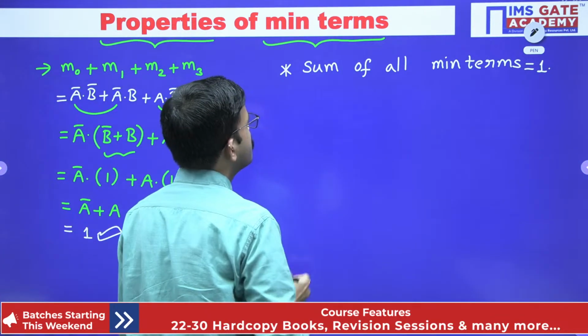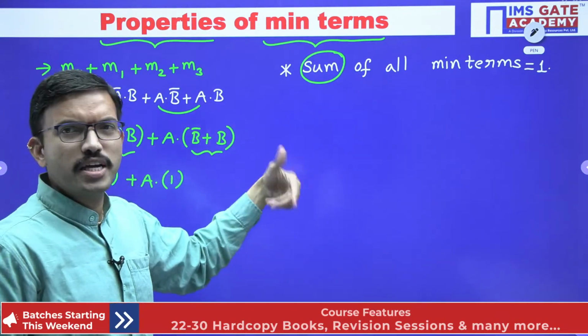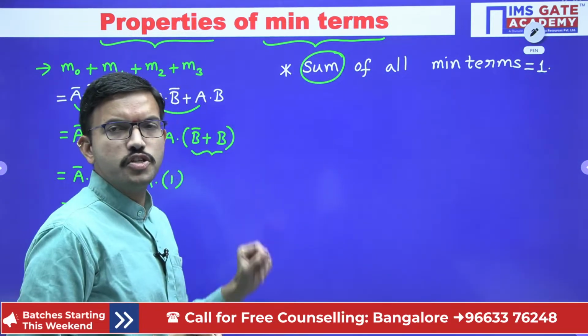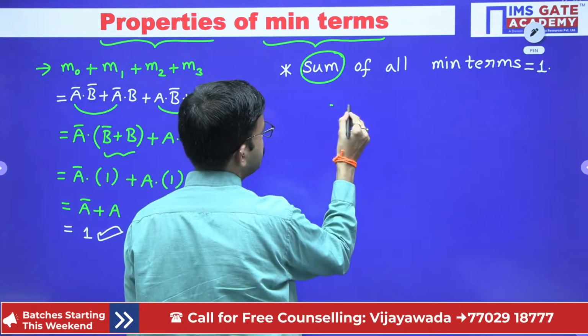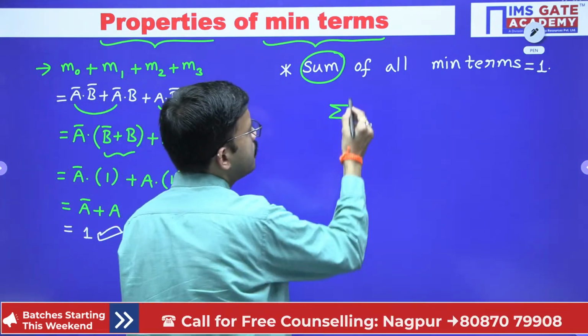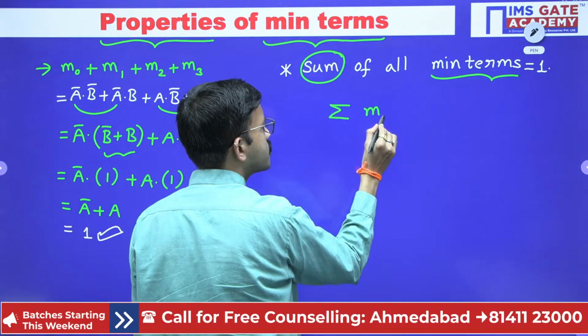Okay, so regarding sum, whenever you want to write it in terms of an expression or mathematical equation, regarding sum or summation, we will use one symbol, that is sigma. Sigma stands for summation. Sum of all min terms. Min terms we will represent with small m suffix i.